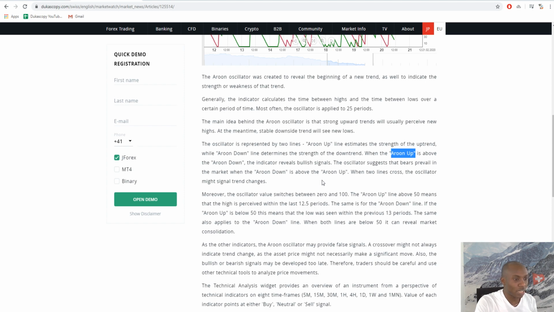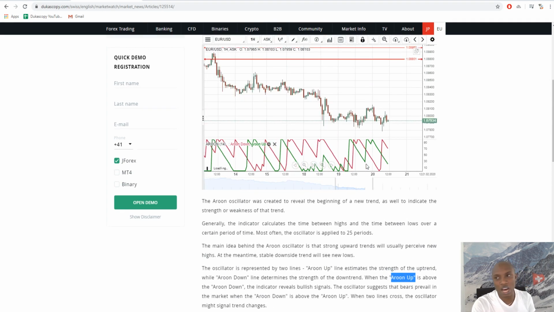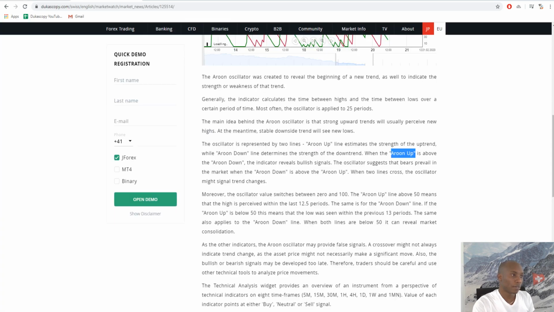And when the Aroon down is above the Aroon up, the two lines cross, and the oscillator might signal a trend change. Just the same way MACD works, just the same way the RSI, relative strength index, works. When there's a crossover, it is showing a signal that the price might be changing direction, either up or downward.